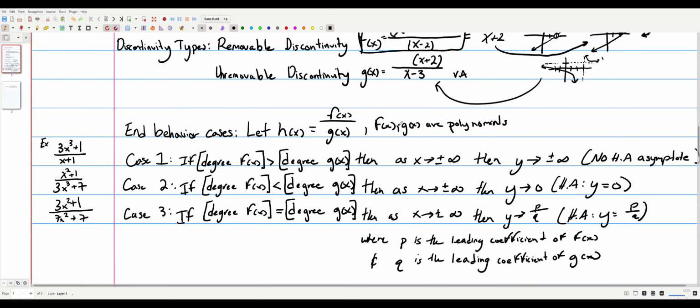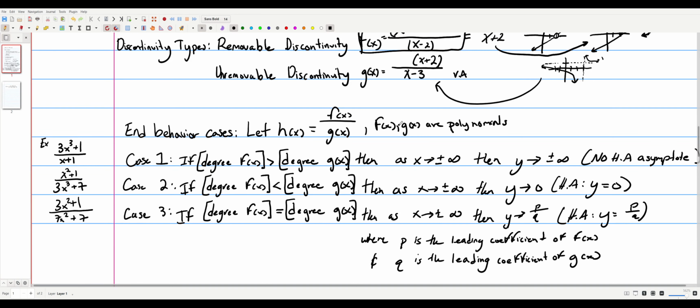Well, so case one, if the degree of f of x, and remember that the degree of a polynomial is the power of the largest power of x in that polynomial. So if the degree of f of x is larger than the degree of g of x, then as x approaches positive and negative infinity, y will approach positive or negative infinity. And so this tells us that there's no horizontal asymptote.